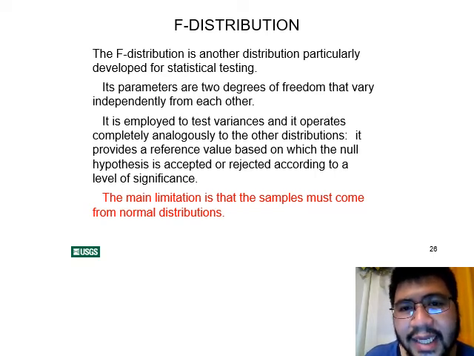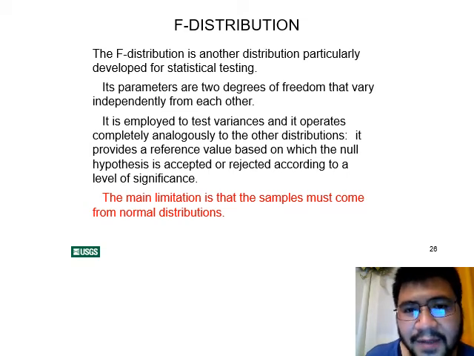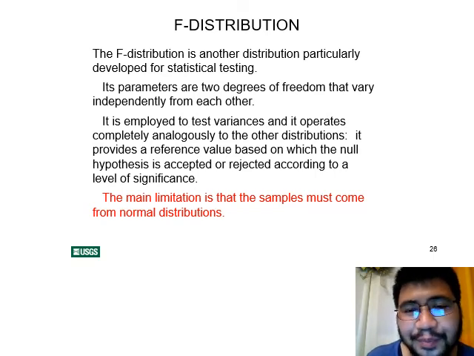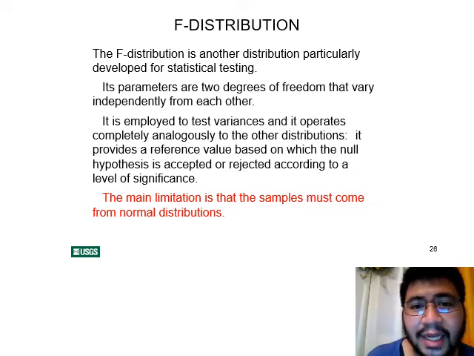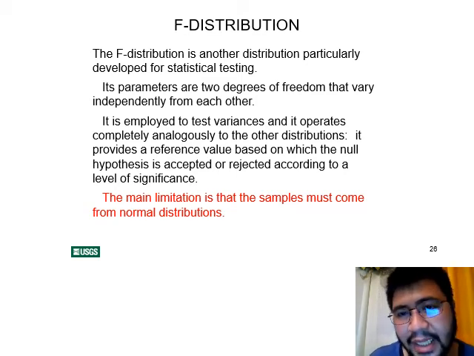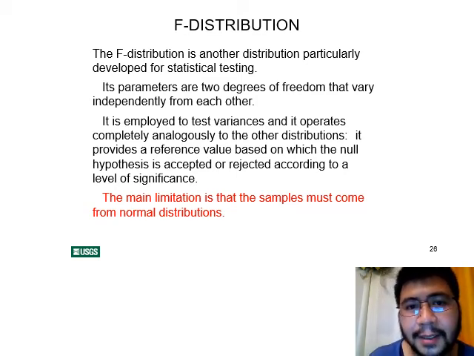So in the testing of two variances, we are comparing the calculated F statistic versus the F critical. Okay? So the F statistic is what we calculate from our data, and then the F critical is the threshold value for accepting or rejecting the null hypothesis.